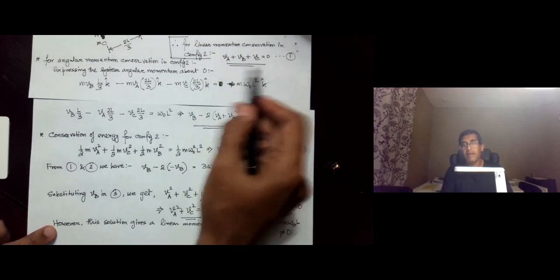Our initial linear momentum conservation basically said that the sum of the velocities must be equal to 0.